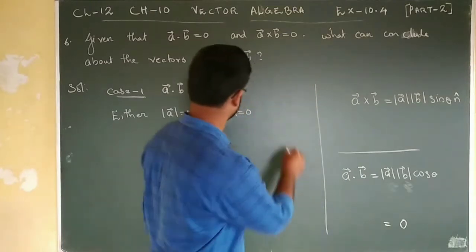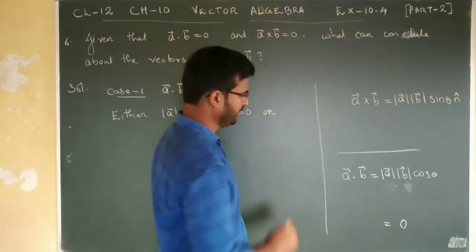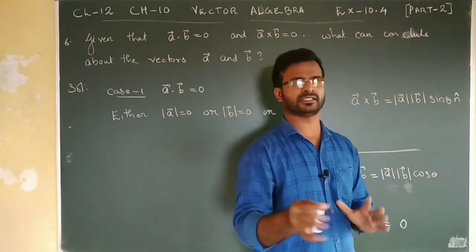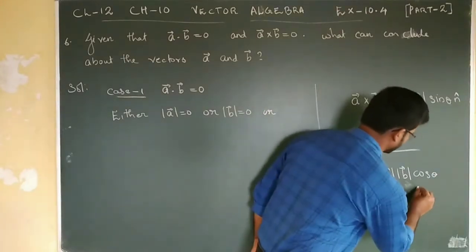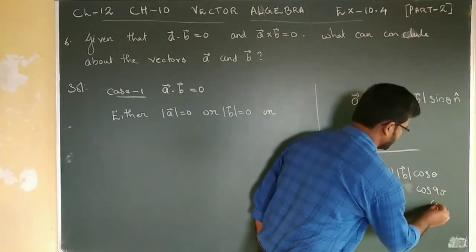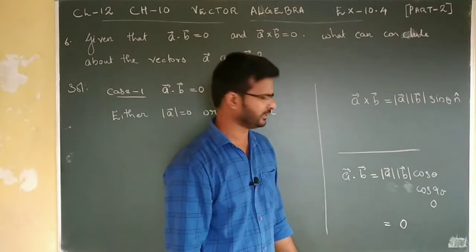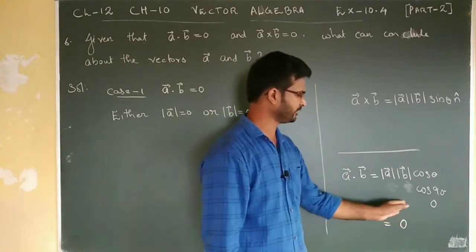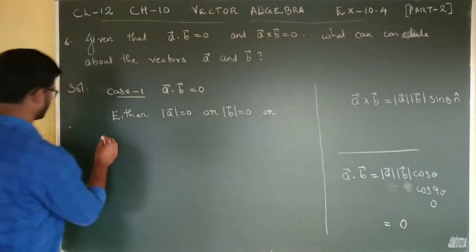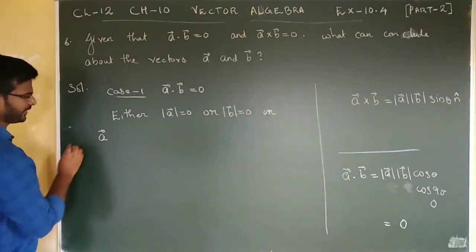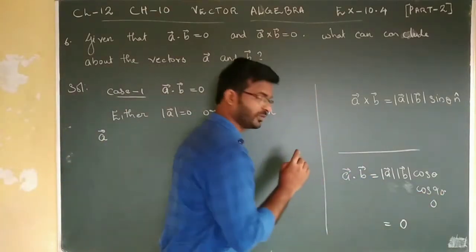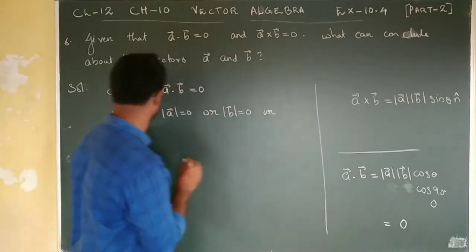Now, one more condition is there. If you give theta as 90 degrees, you will get cos 90, and cos 90 degrees is 0, then the right side will be 0. That is the next case. Theta of 90 degrees means that both vectors are perpendicular.